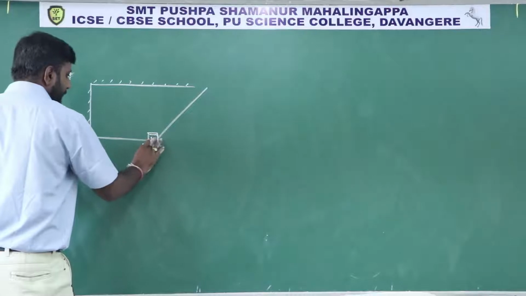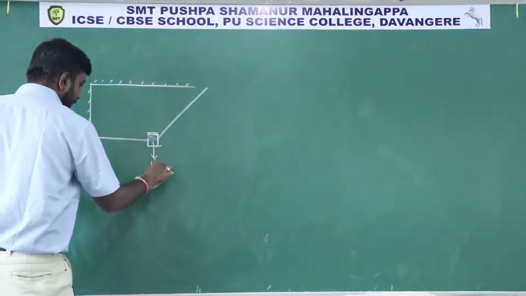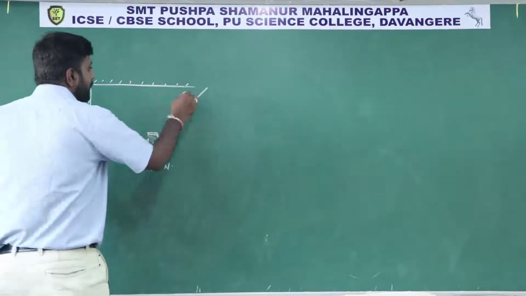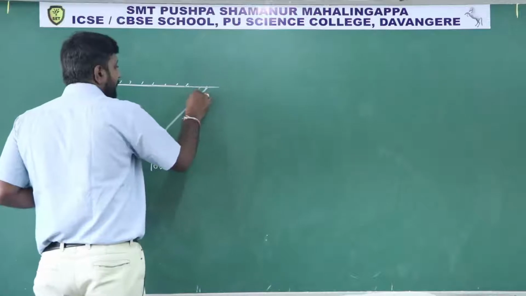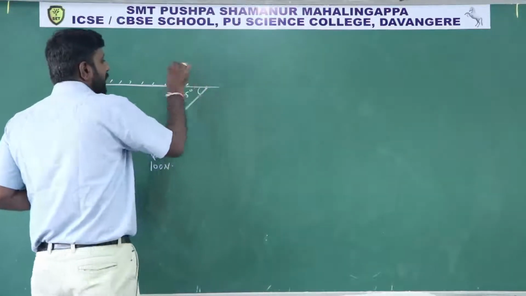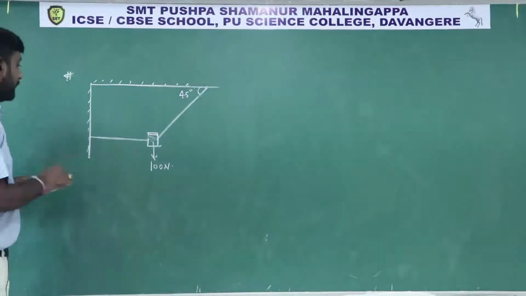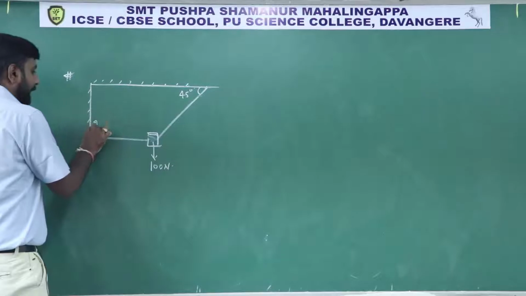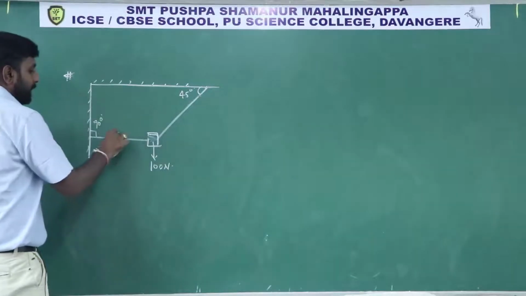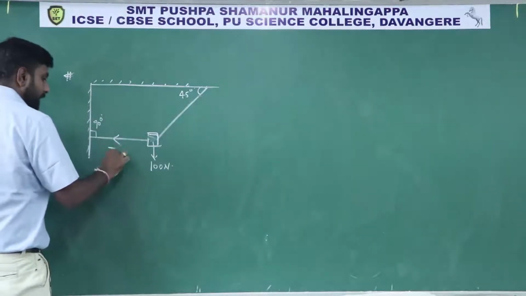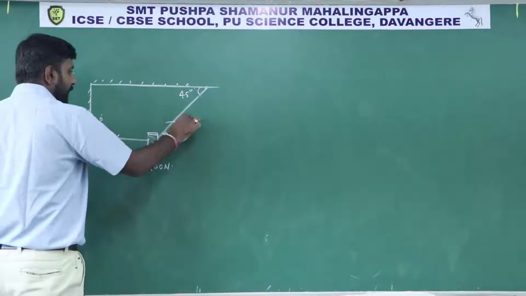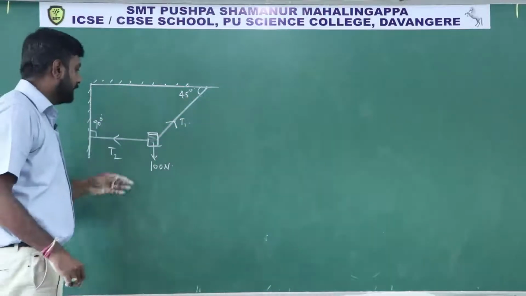Let us take the weight acting in the downward direction, that is 100 Newton. Then this angle is mentioned, that angle is 45. Here this is 90 degrees. Okay. So in this string the tension let us take T2, and here let us take T1.